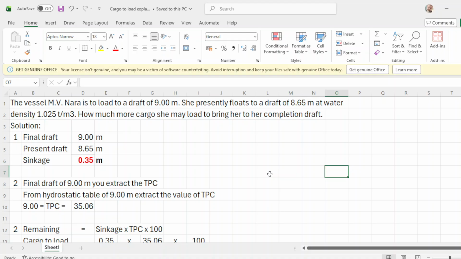How much more cargo may she load to bring her to her completion draft of 9 meters?